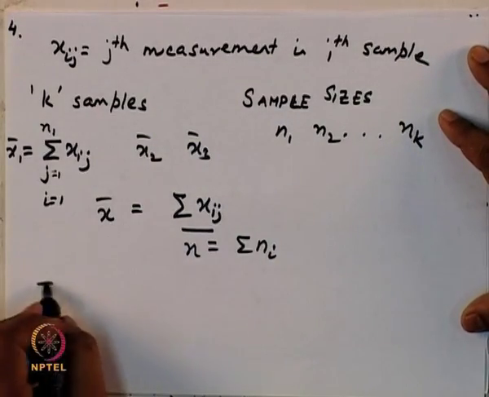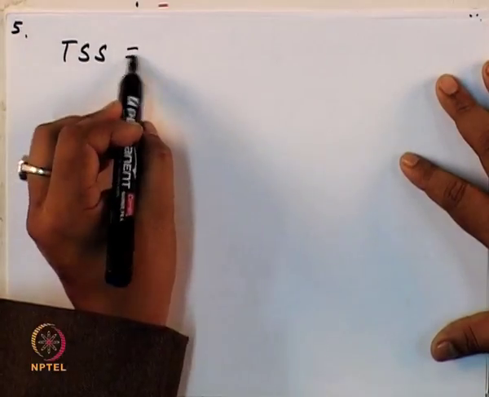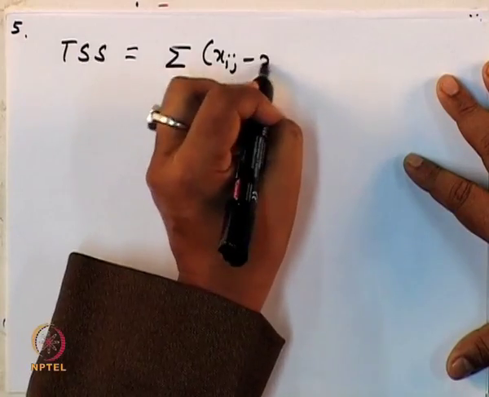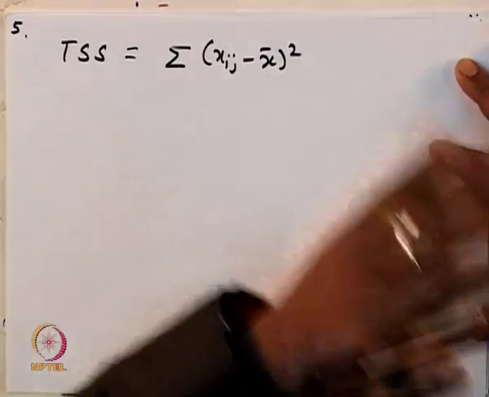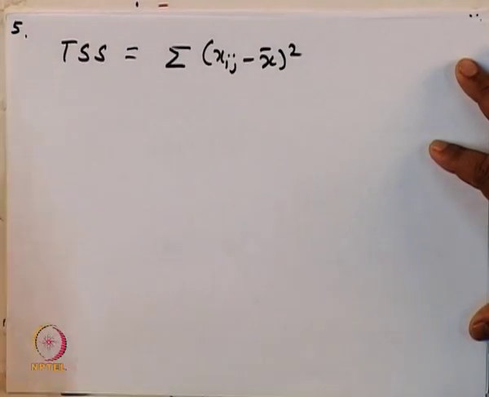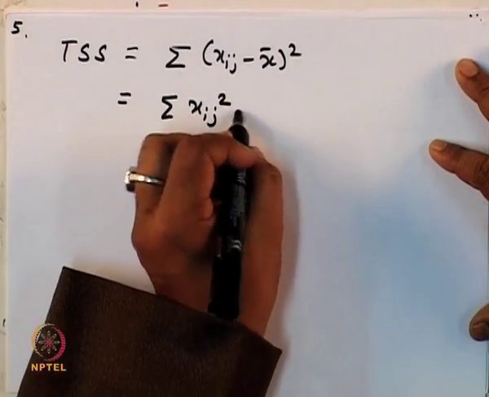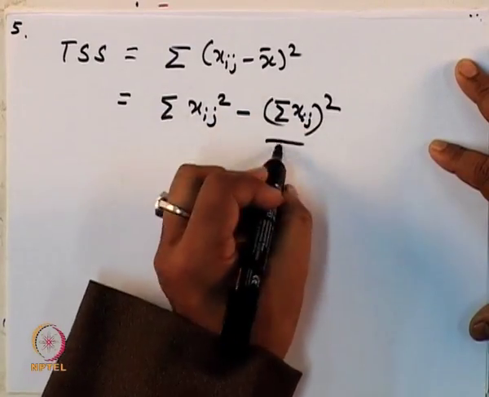So, you calculate a few metrics. You calculate something called TSS, or total sum of squares, and you define this as summation of xij minus x bar whole square. So, x bar is the average of all the samples together. You can expand this and write this as summation xij square minus summation xij whole square by n.